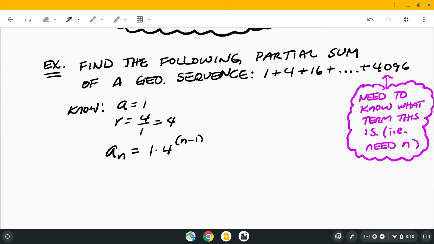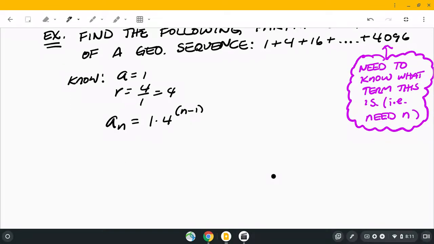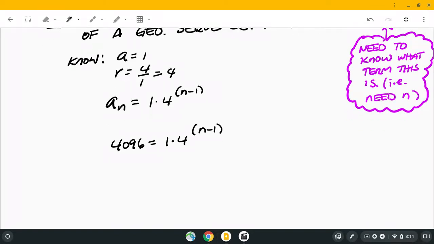We also know this is the nth term, we just don't know what n is. So I'm going to take this 4,096 and replace an with it. So 4,096 equals 1 times 4 to the n minus 1. I can solve for n now. I needed to know what term this is because I needed to know what n is. I have an equation here, and I can solve for n.